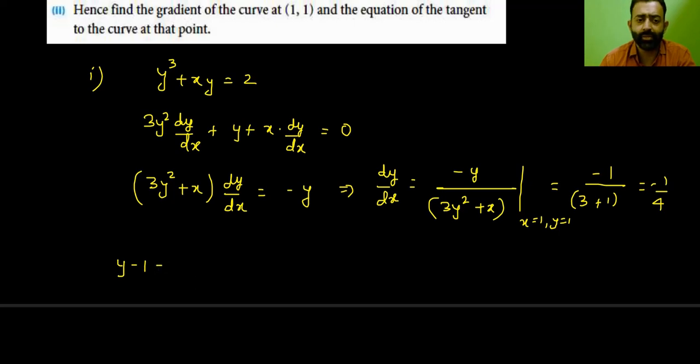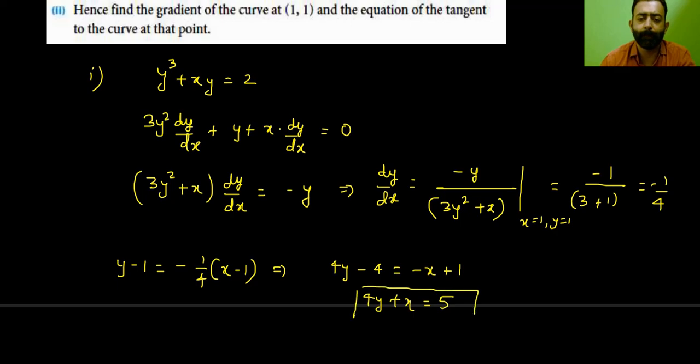The y coordinate is 1, the slope or gradient of the tangent is minus 1 by 4, and the x coordinate is again 1. So this is 4y minus 4 is equal to minus x plus 1. So 4y plus x is equal to 5. This is your equation of the tangent to the curve at the point (1, 1).